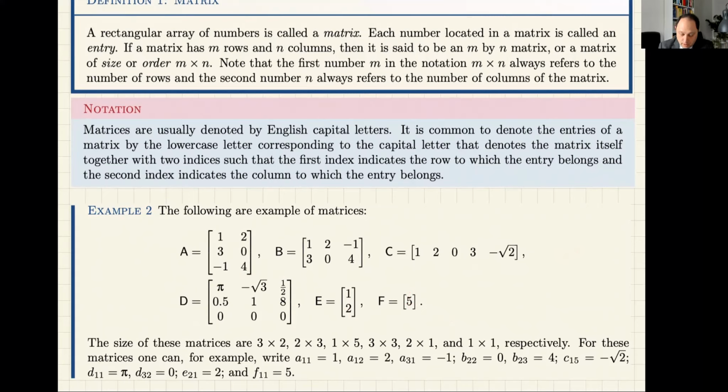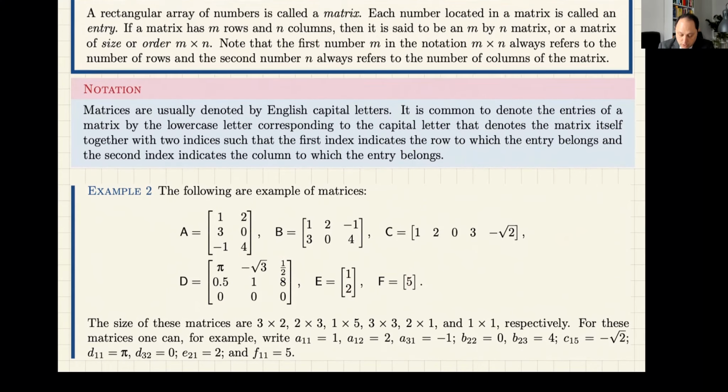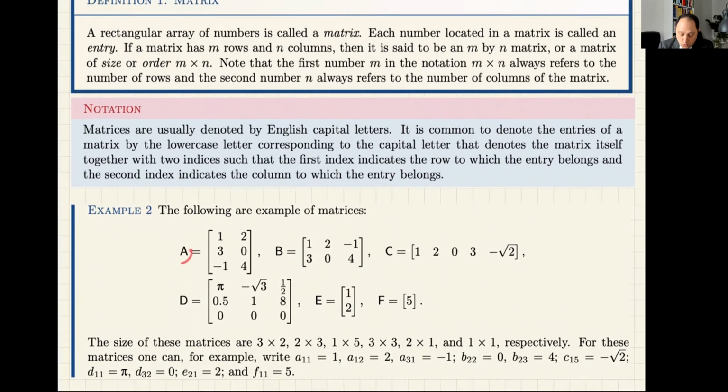Okay, and then let me talk a little bit about the last sentences in that notation. I told you that if you call a matrix capital A, it is very common to call the entries with lowercase letter a. If I call my matrix B, I call the entries by lowercase letter b, equipped with 2 subscripts.